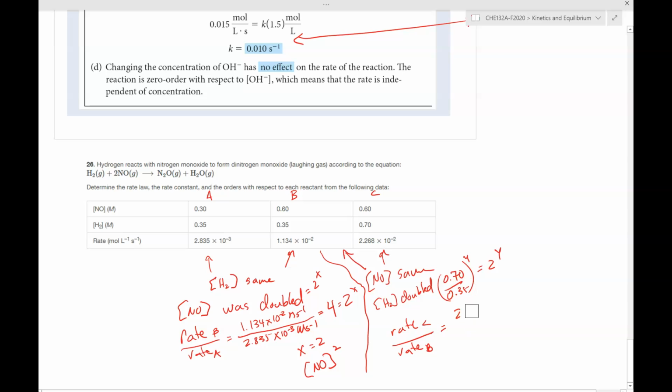2.268 times 10 to the negative 2 over 1.134 times 10 to the negative 2. That looks suspiciously like 2. 2.268 second comma negative 2 divided by 1.134 second comma negative 2.